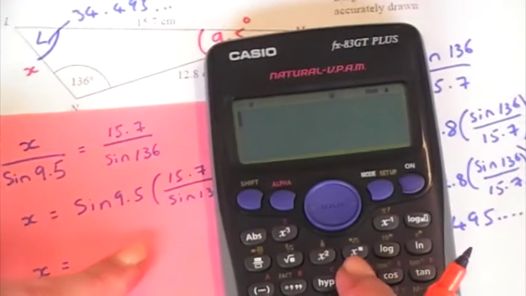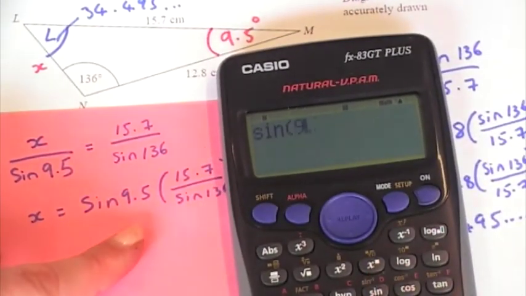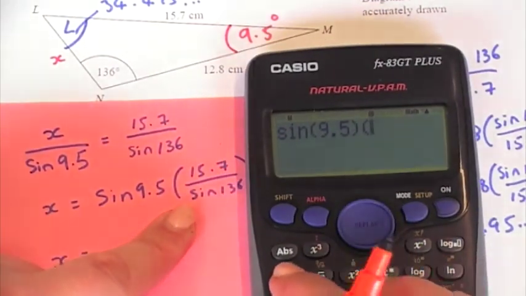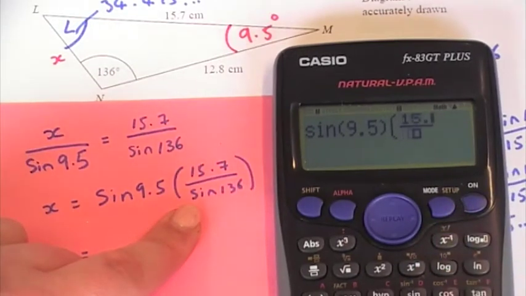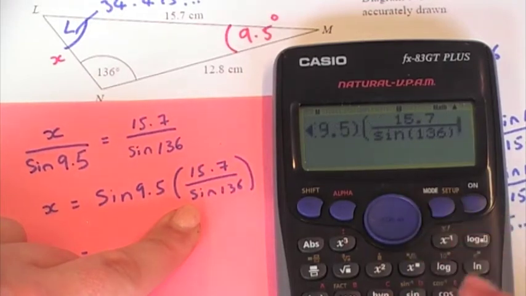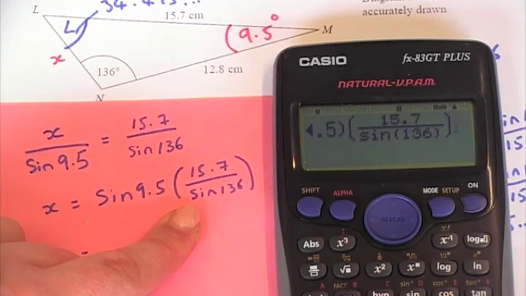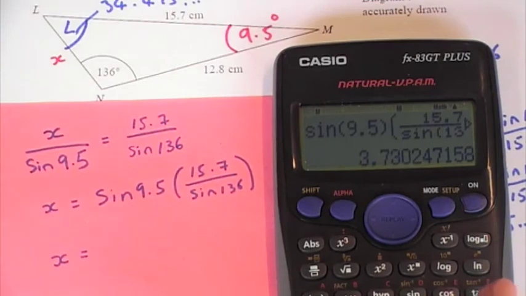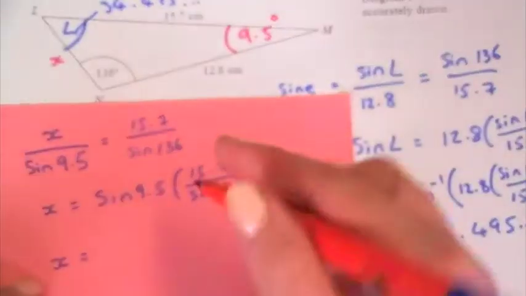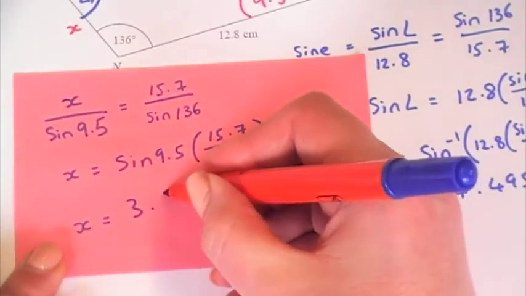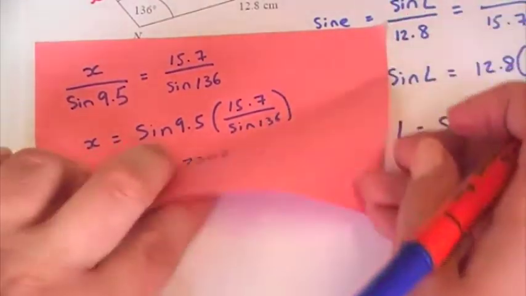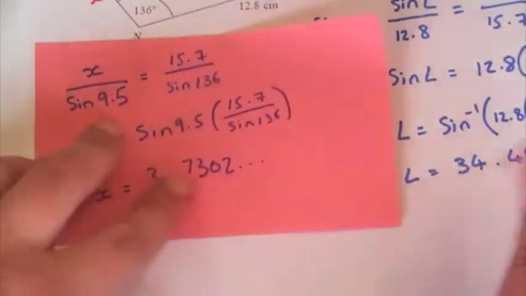And when you put that into your calculator, you will end up with x equals, let's do it, sine of 9.5, close the 9.5 bracket off, open a new one, press the quotient key, 15.7 over sine 136, close the 136 bracket off, press across to come out and close the main bracket off, equals 3.7302... What degree of accuracy did they want in the question? 3 significant figures.